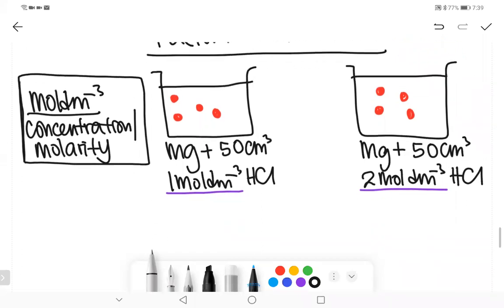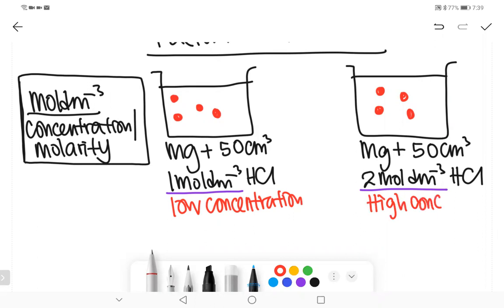So you can see when they use 1 mole per dm cube, that is a low concentration. But when they use 2 mole per dm cube, that is high concentration.